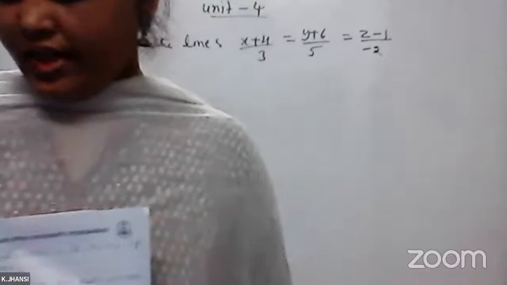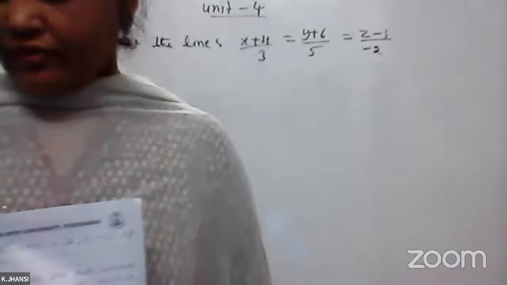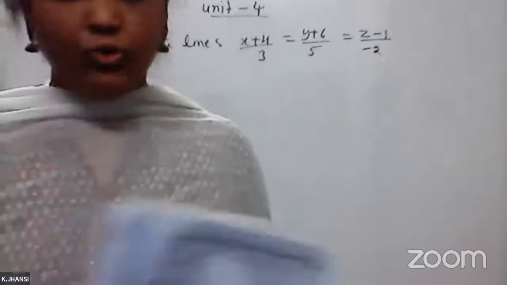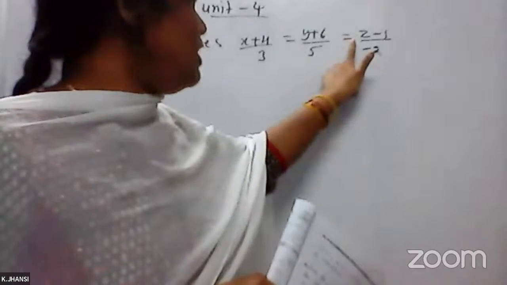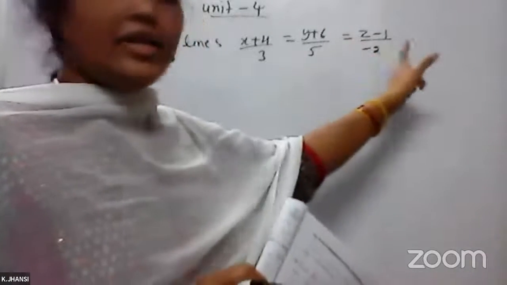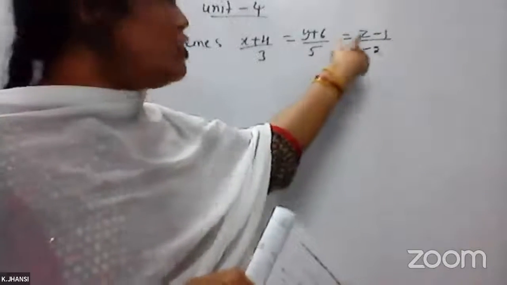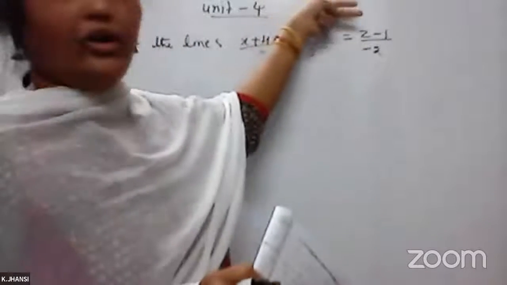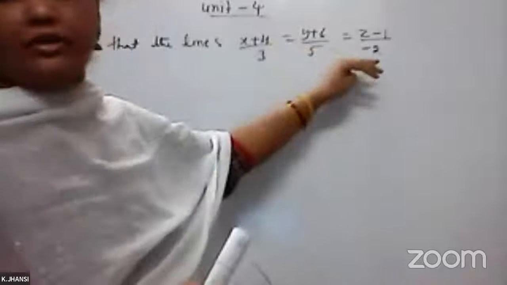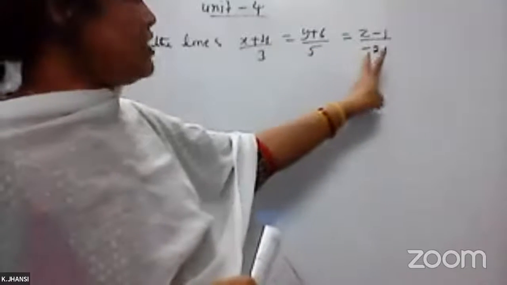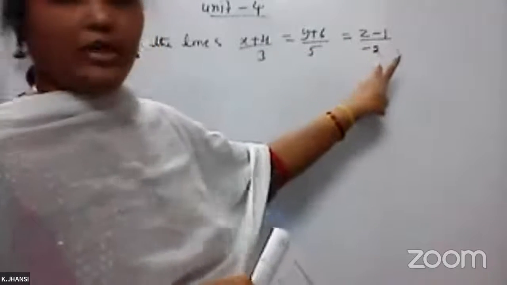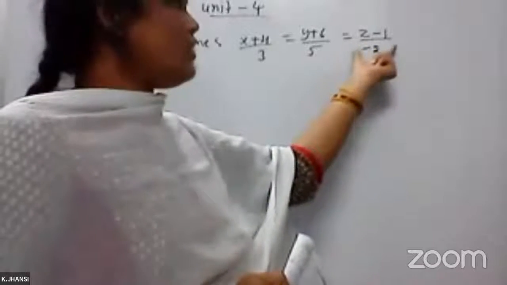In the last term, z minus 1 by 2, there is a negative sign. Either you can take that negative value in the numerator or the denominator. For convenience I am taking the negative value in the denominator, so the value there will be negative.